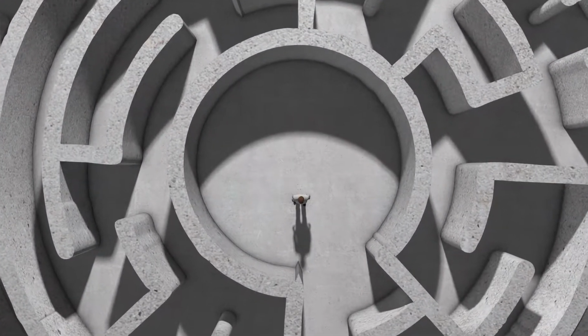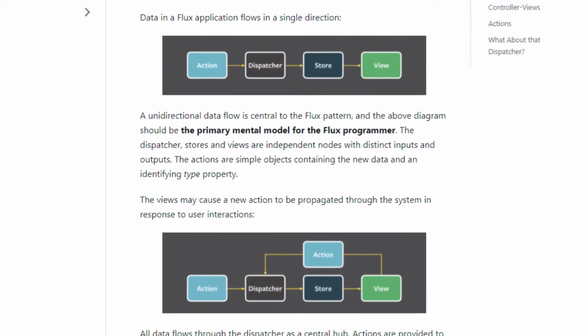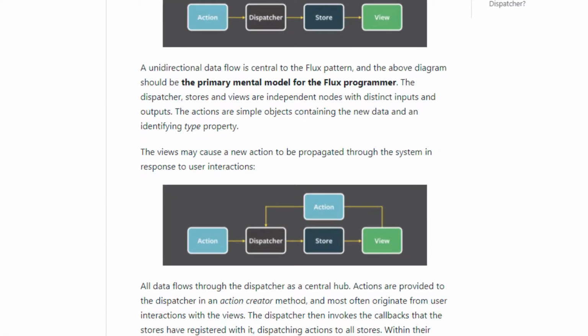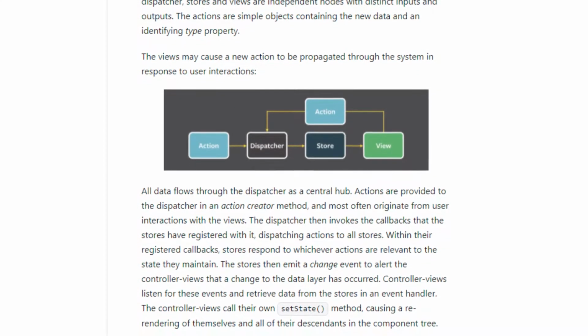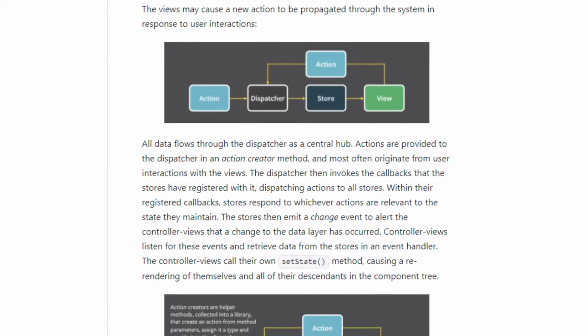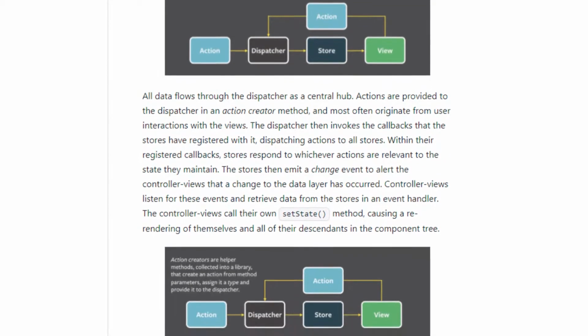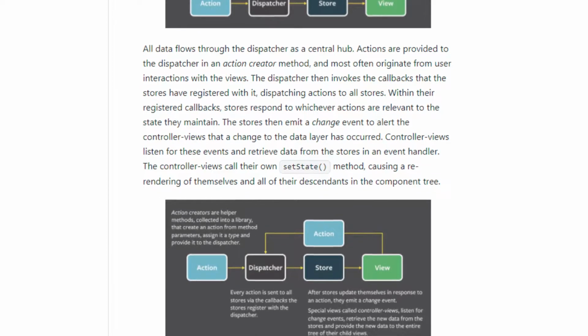Now, when React came along, with it, Facebook published their internal architecture, Flux, that they had used successfully with it. And Flux was really nice. It was very much like propagating data top down in your component tree, and you had a much more predictable flow of data.